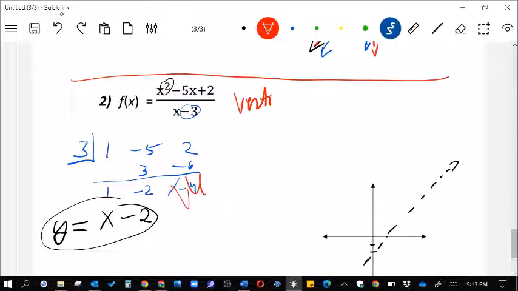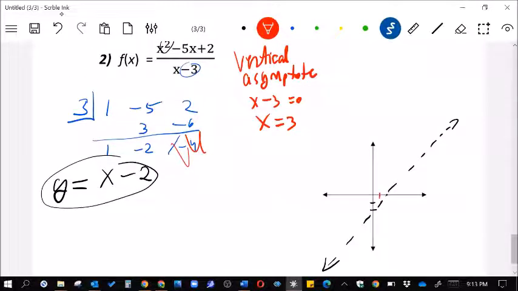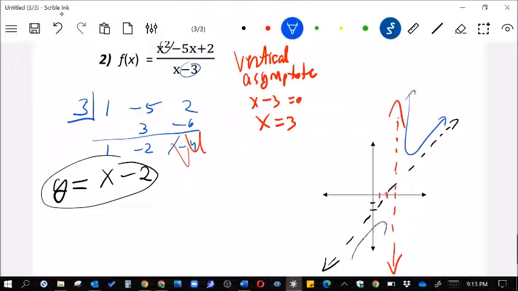make that more readable. Asymptote, x minus 3 is 0, so x equals 3. 1, 2, 3. So it could be that it's coming this way and down here, but I believe in this one it's not.